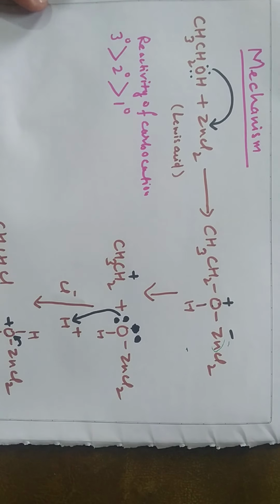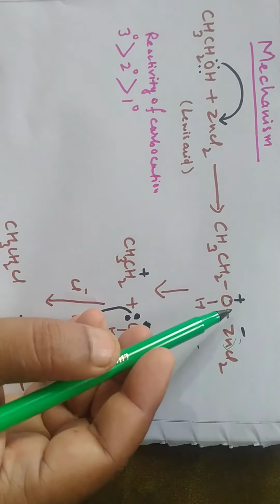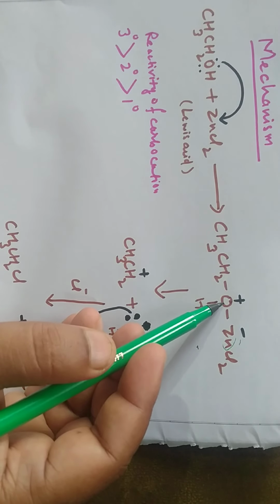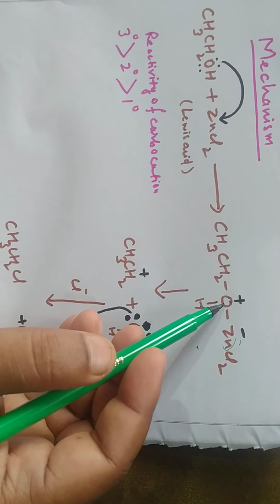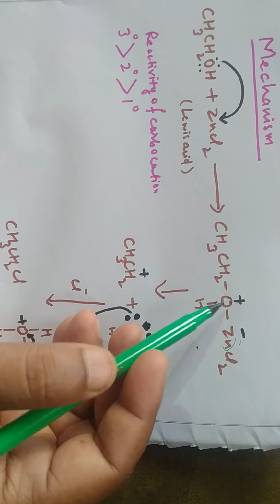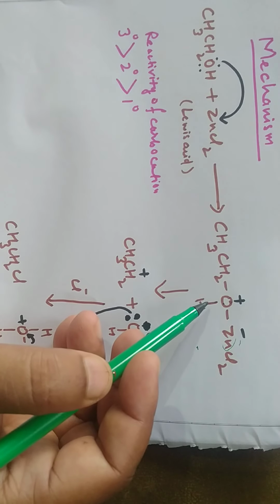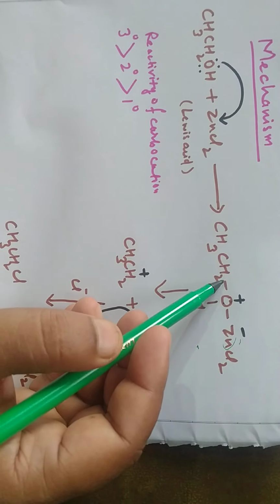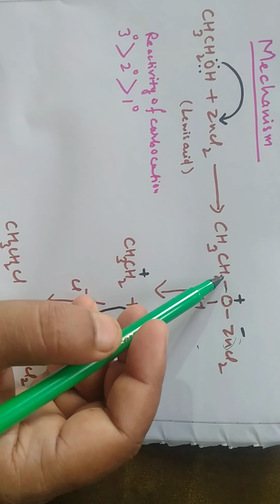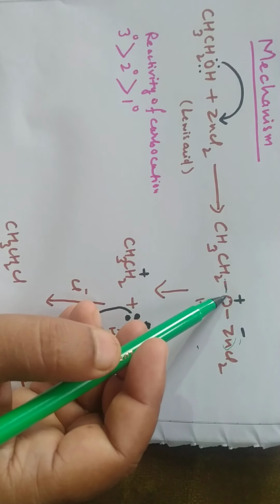Now after that what will happen? Oxygen has a positive charge and it is an electronegative element. How can an electronegative element sustain a positive charge? So this is unstable. Then it picks up the bonded electrons, that means the carbon-oxygen bond electrons are taken by oxygen.